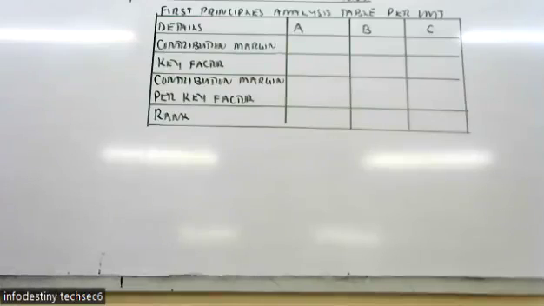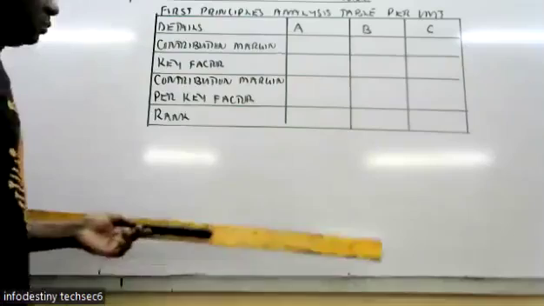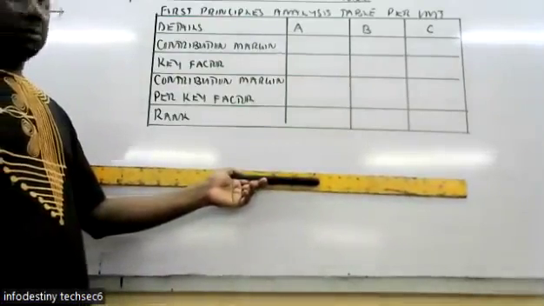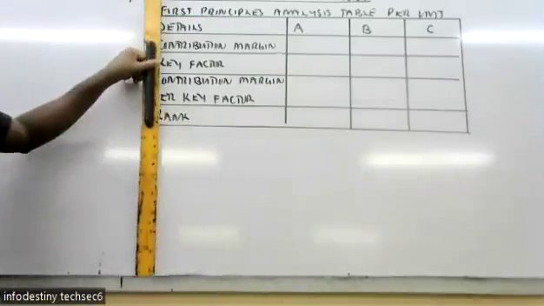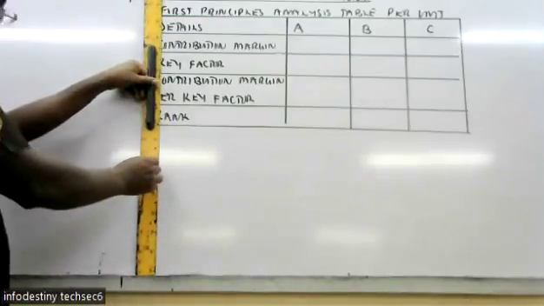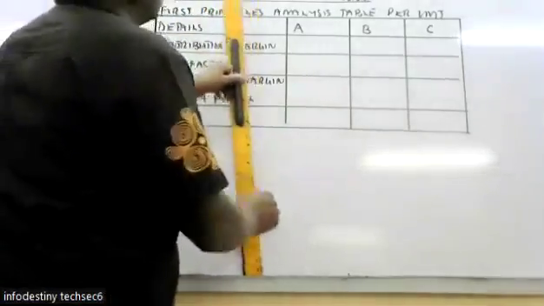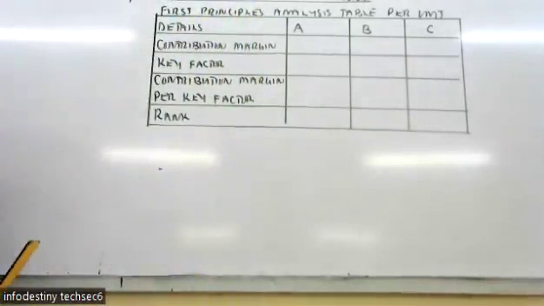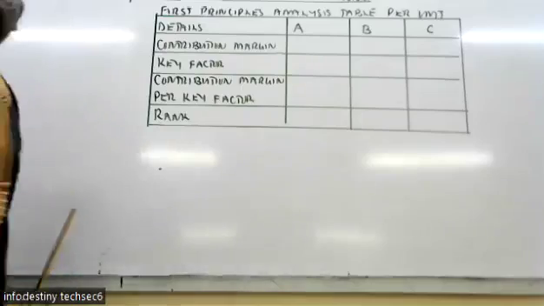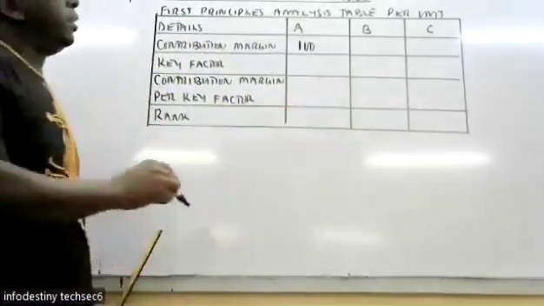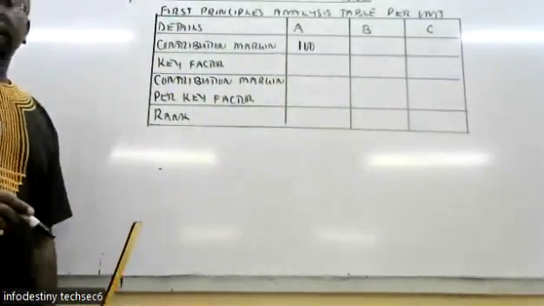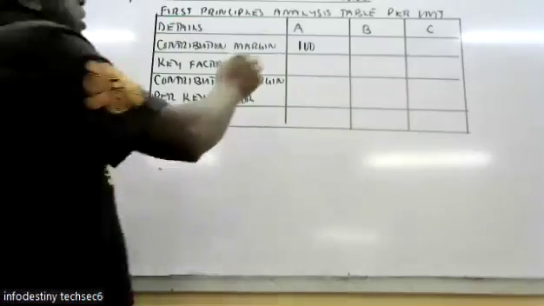So chukua your 250, subtract hizo costs zote zipo. It is 100. Haya, huyo mwingine 103.